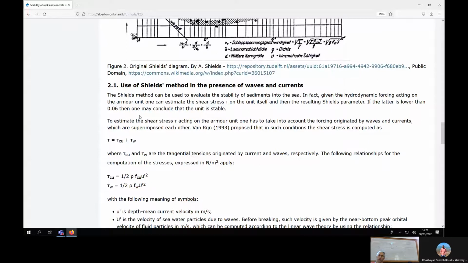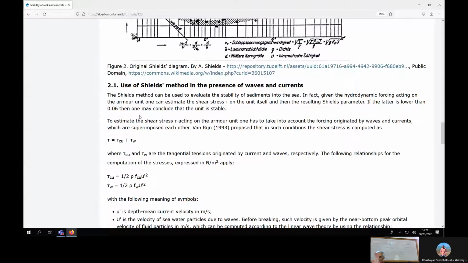Actually, groins are close to the coastline, so the effect of currents usually is not very significant. And breakwaters can be a little bit offshore, and then the effect of currents may be significant. In typical situations, the forcing due to waves is much higher than the forcing due to currents.